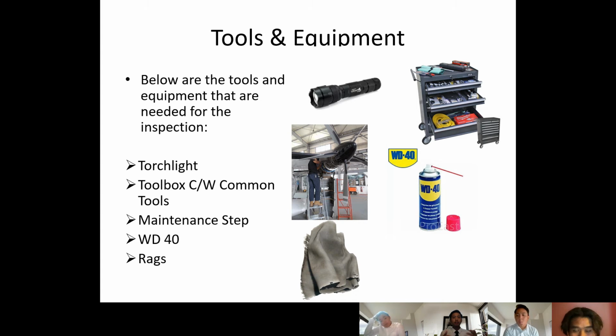For this inspection, the tools and equipment are the torchlight, toolbox, common tools, maintenance tab, WD-40 and rag. These tools are what we are going to use for our inspection.